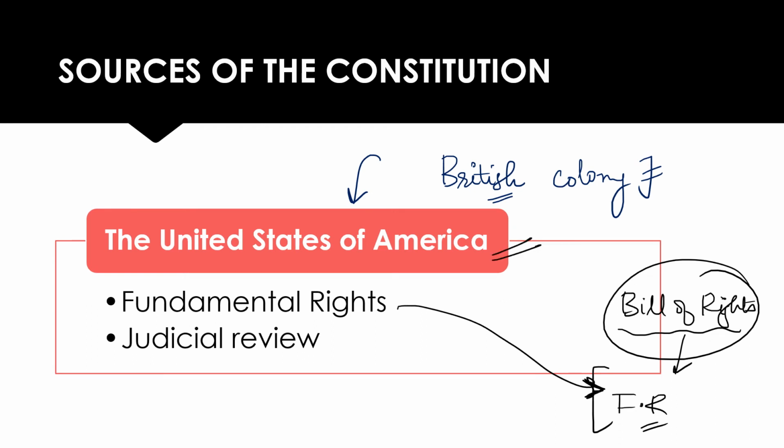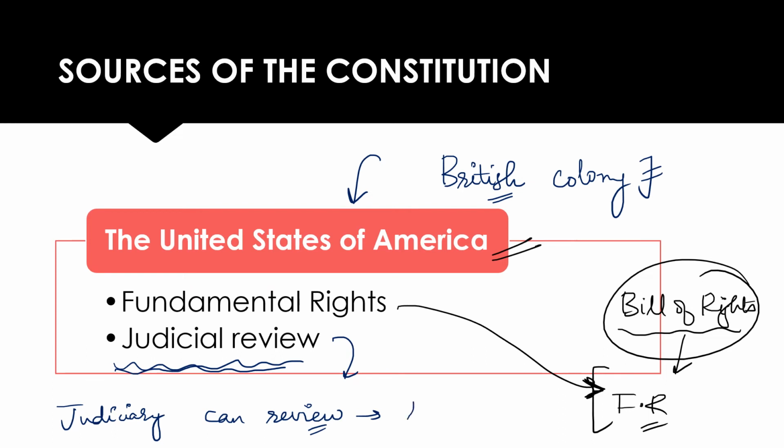Okay. Then there is this thing that is called judicial review. What is judicial review? Judicial review basically means that the judiciary can review. What can it review? It can review a legislation. It can basically review an act that is done by the parliament, okay?